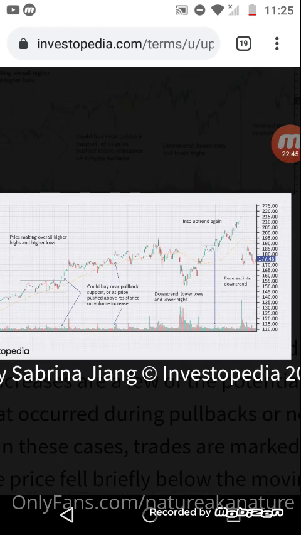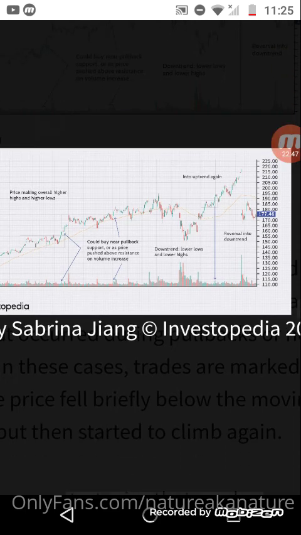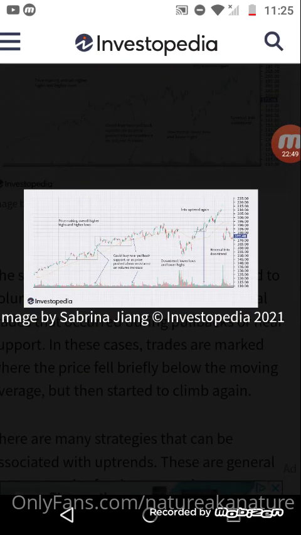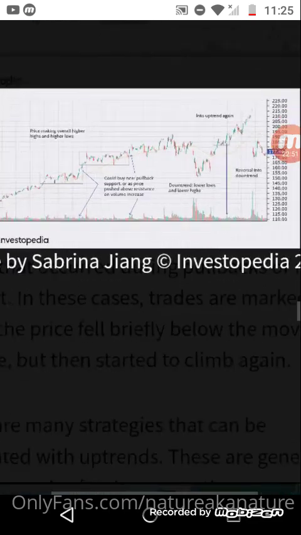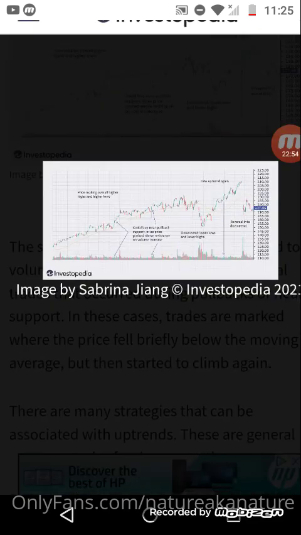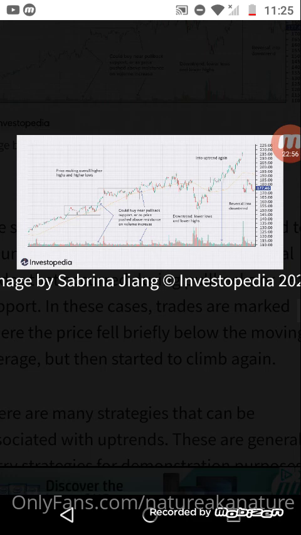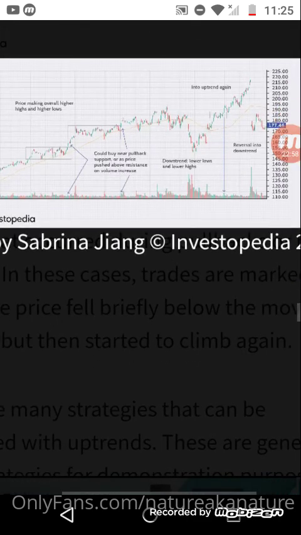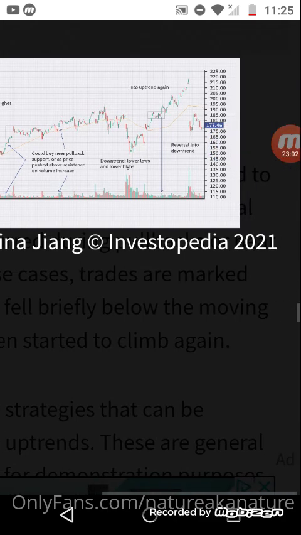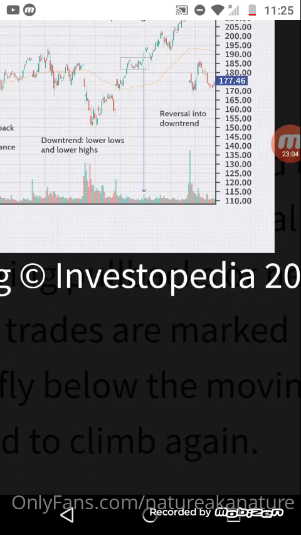If the candlesticks are above the moving average, it's going up. If candlesticks cross over below the moving average, it's going down, and a reversal into a downtrend is possible. Right here, as you can see, boom, the moving average went down, a reversal into a downtrend is happening. That's how you read that.